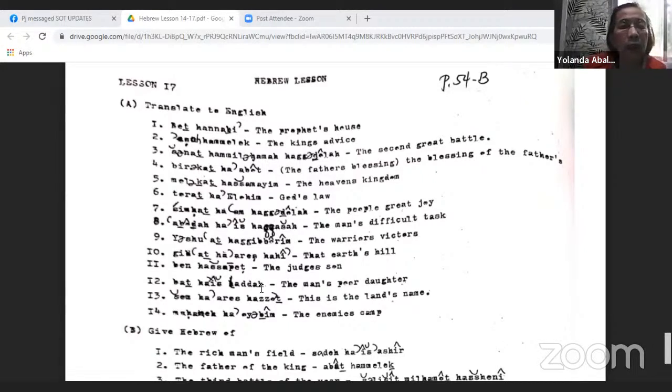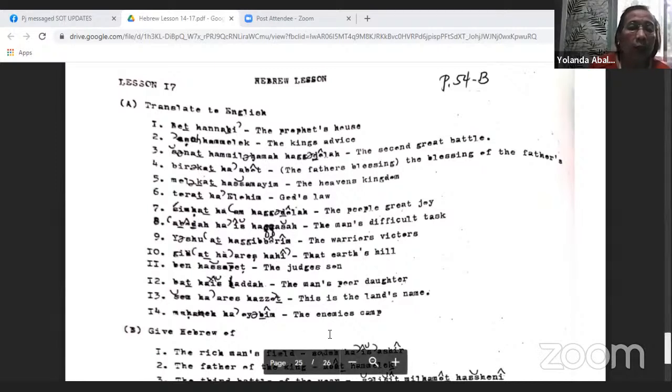Bat Haish Hada, the man's for, that is not Hada, that is Ladda, Lad, from the word Dalla. Yeah, Dalla. The man's daughter. Then we have Shem, Haaretz, Hazut.